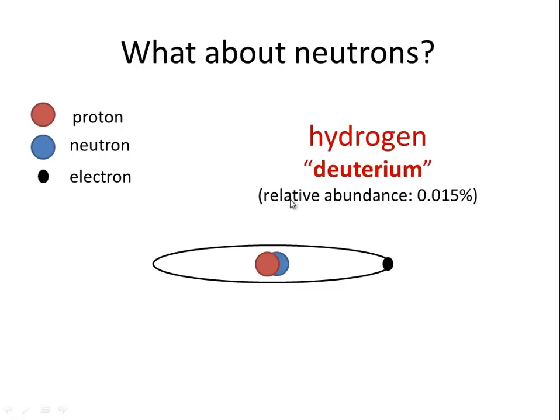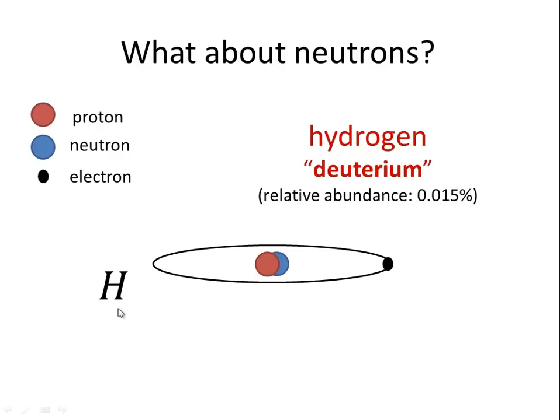You can see from the relative abundance that it's fairly rare. Less than 1/10 of 1% of all the hydrogen in the universe is this form. Now, can you tell me, see if you can write the nuclear symbol for this form of hydrogen. Go ahead, give it a shot.